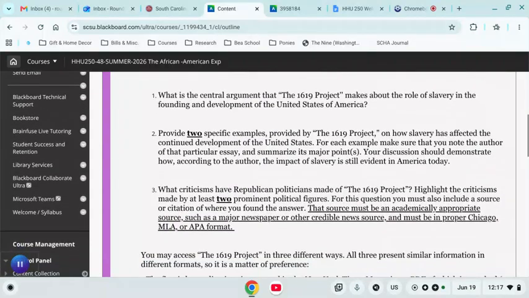Once you explore some of that material, the 3 questions are pretty direct. The first is asking you what the central argument of the 1619 Project is. The second is asking you to provide 2 specific examples of how slavery has affected the continued development of the United States.